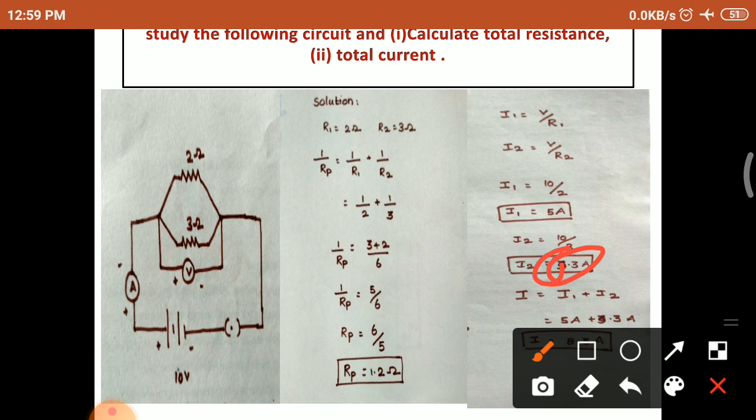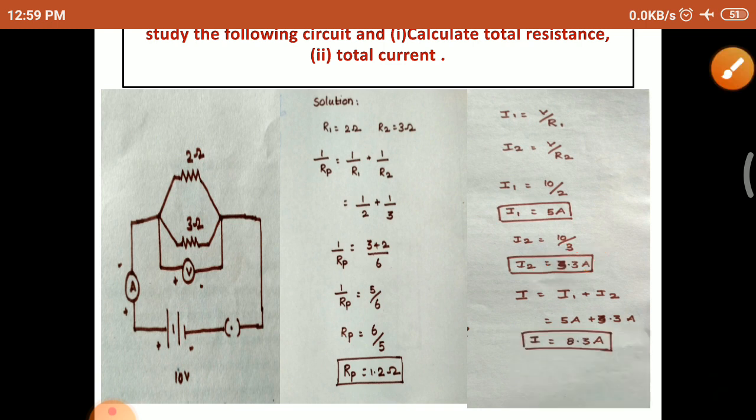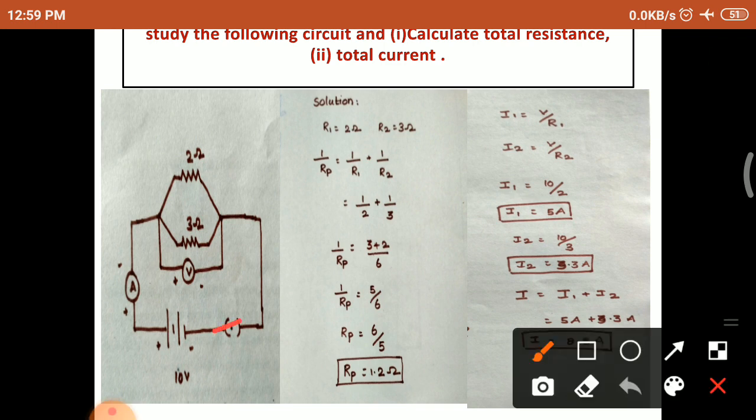Sorry, 3.3 only. So 5 ampere plus 3.3, we got 8.3 ampere. Do you understand how to calculate total resistance and total current in parallel combination? Using the total resistance formula, we can calculate total resistance, and using the total current formula, we can calculate total current.